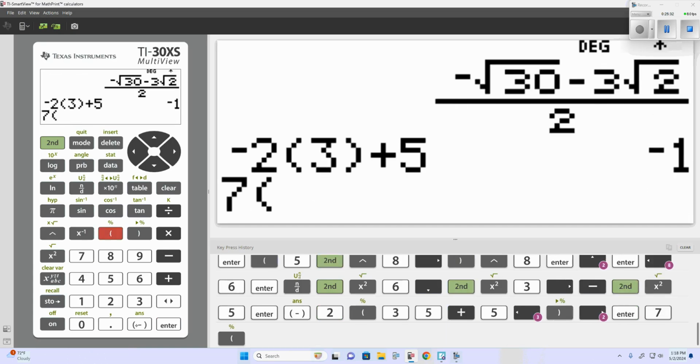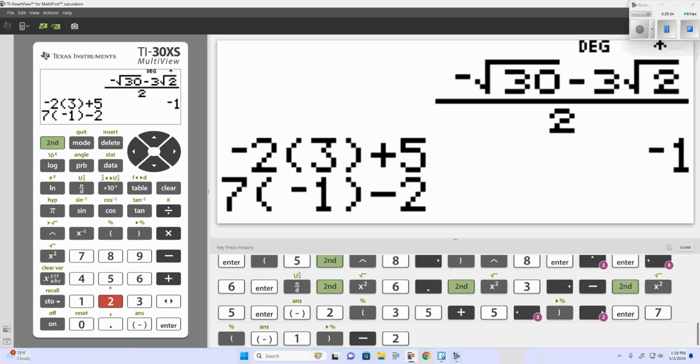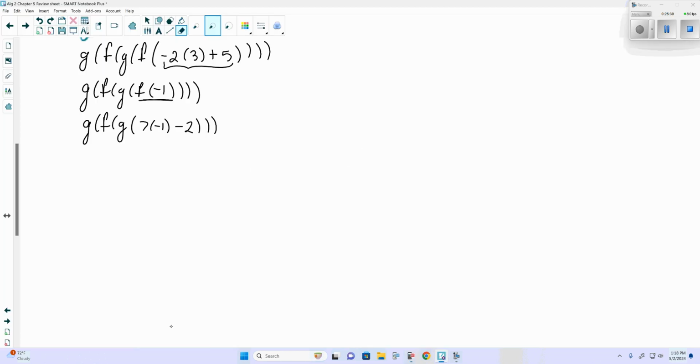So on the calculator, we can say 7 times negative 1 minus 2, which is negative 9. Questions on this so far? We good with this so far?